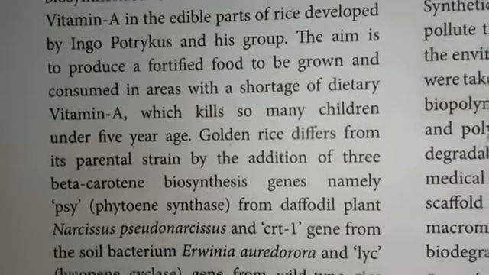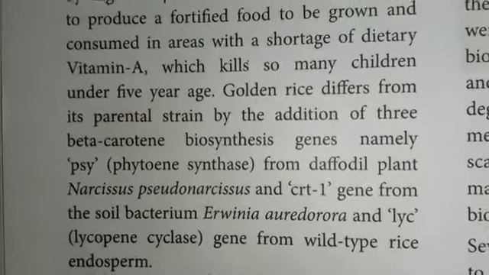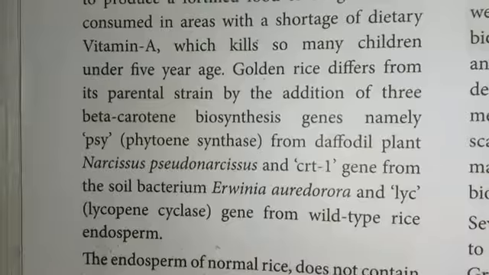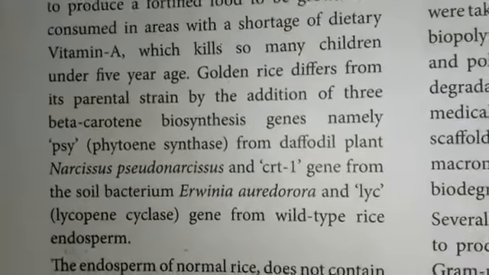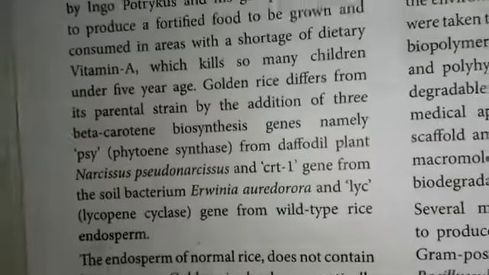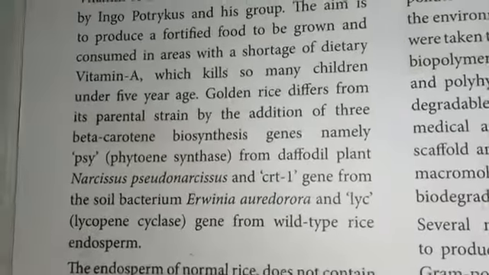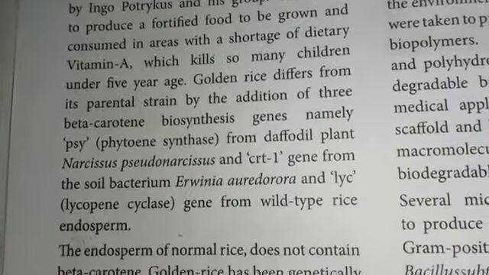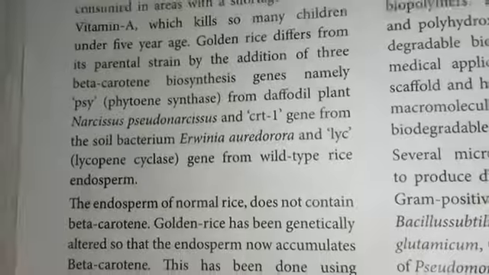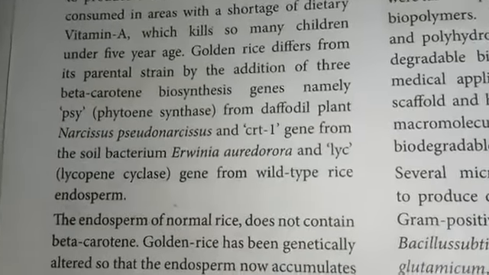This can be prevented by using golden rice or the biofortification method. So the golden rice contains carbohydrates. In addition to the carbohydrates, it also contains beta carotene, which is responsible for the production of vitamin A. Due to the deficiency of vitamin A, many children under the age of 5 years may die.